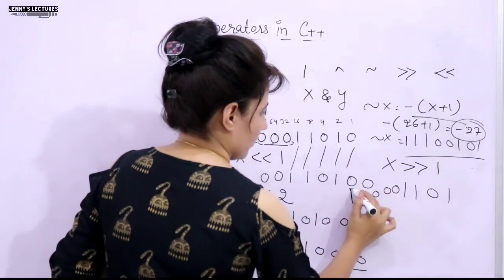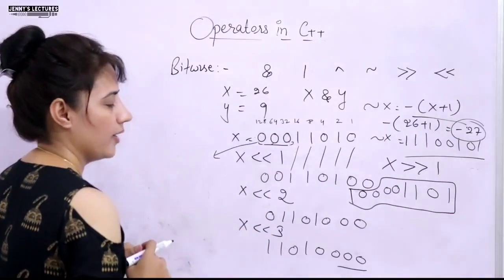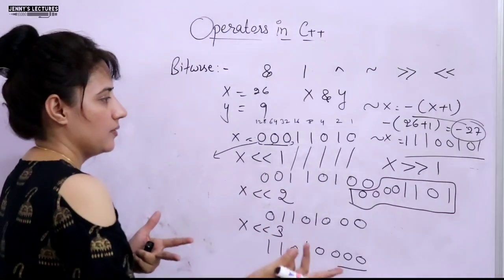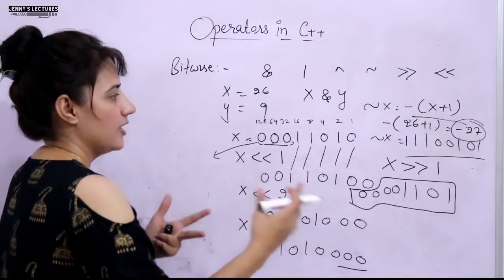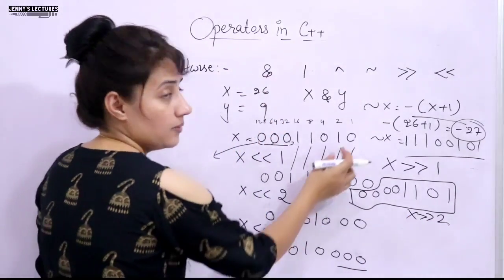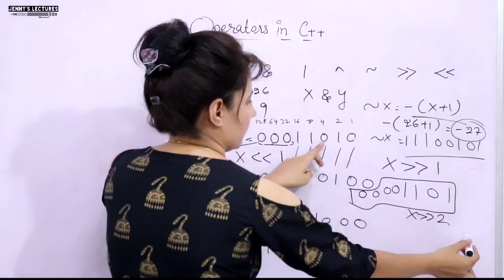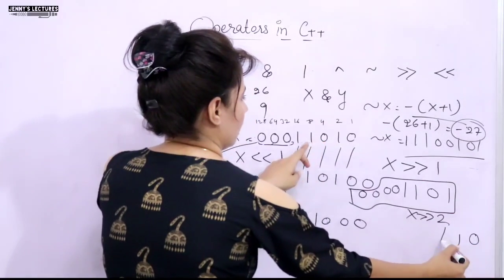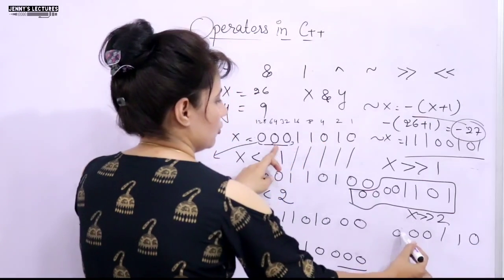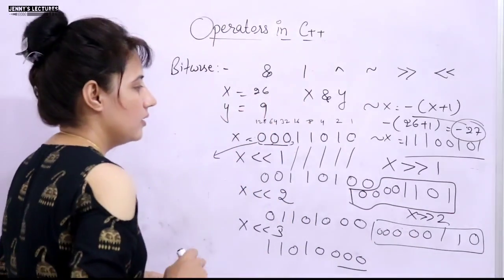So this is x right shift 1. Same with 2 and 3, right? If x right shift 2, then these 2 bits would be discarded, and we will start writing from here 0 1 1 0 0 0, then 2 places filled with 0, right?